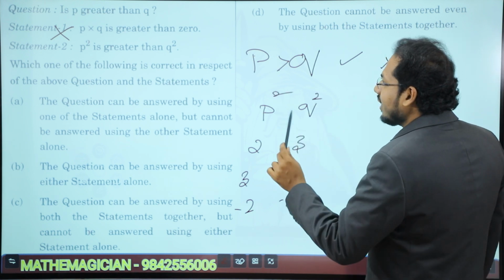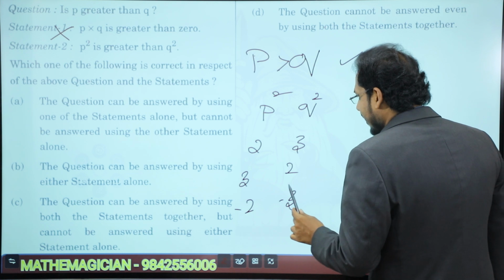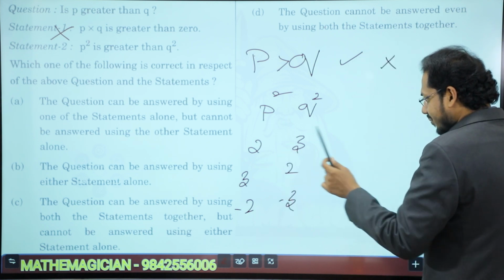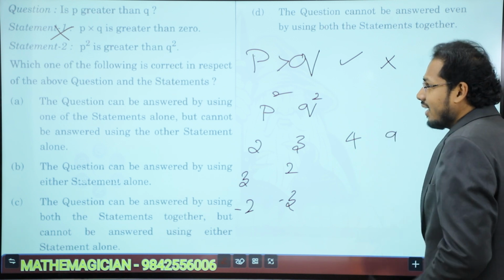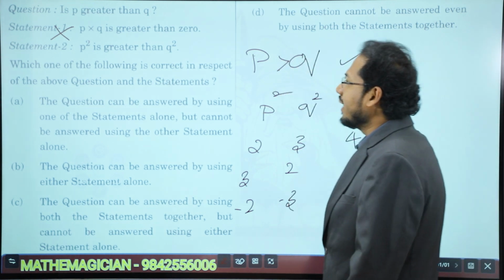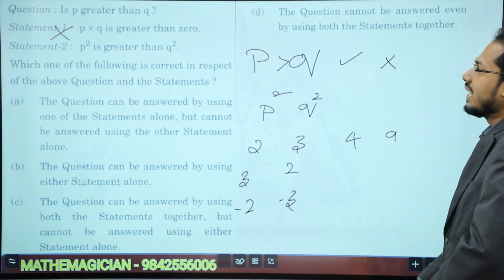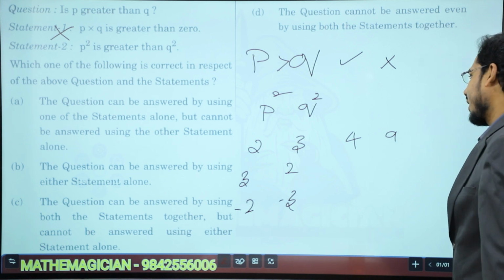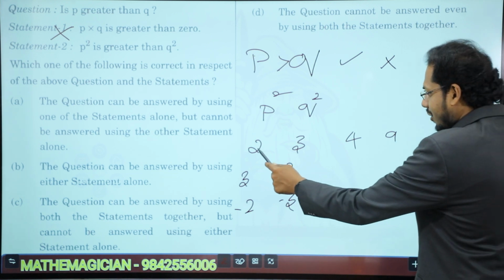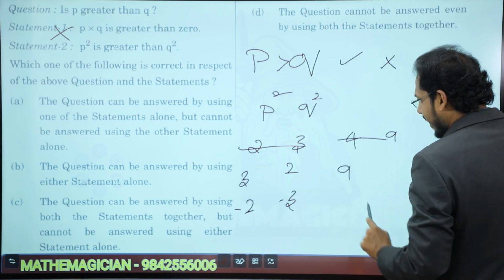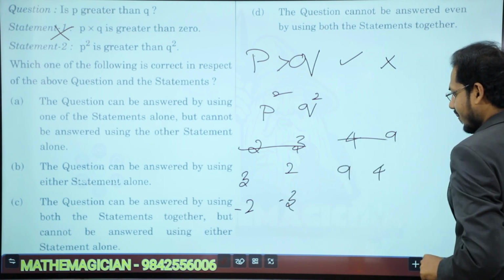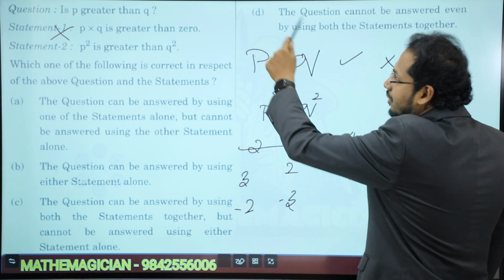P square is greater than Q square. 2 square is 4 and Q square is 9. According to their rule, P square value is greater than Q square value. Let's take 3 square, which is 9, and 2 square is 4. The same thing can apply here.